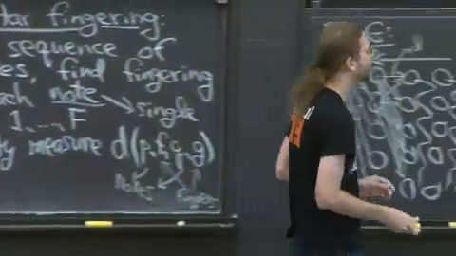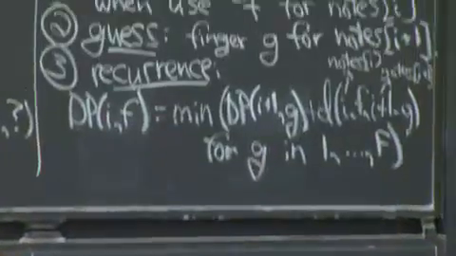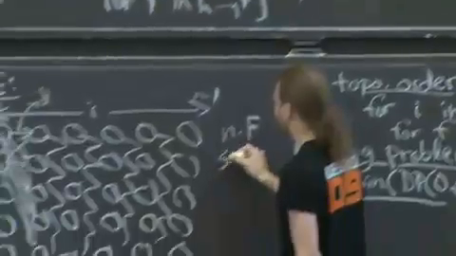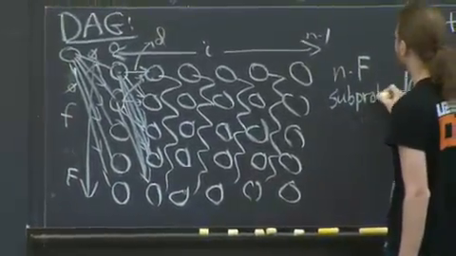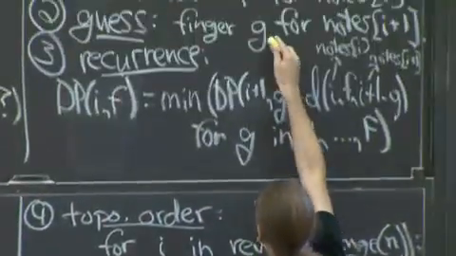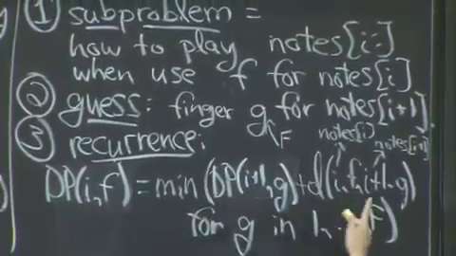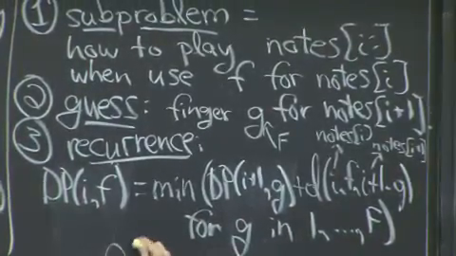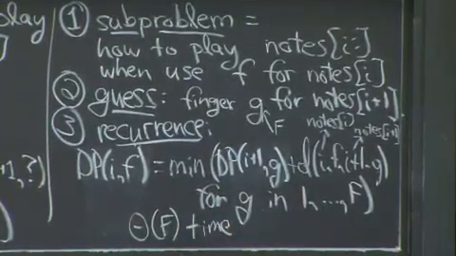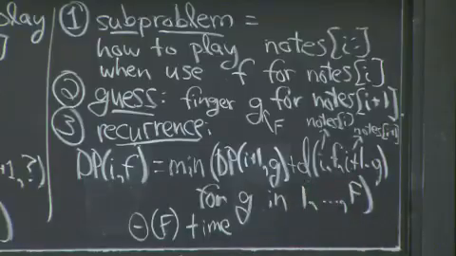I guess we should figure out what's the running time. So we have subproblems. Well, we see how many subproblems there are here. There's n times f subproblems. How much time, or how many choices are there for our guess? Well, there's f different choices for what finger we use. And when we do this min, we spend theta f time, because it's a for loop over f, we're doing constant work, assuming d lookups take constant time.